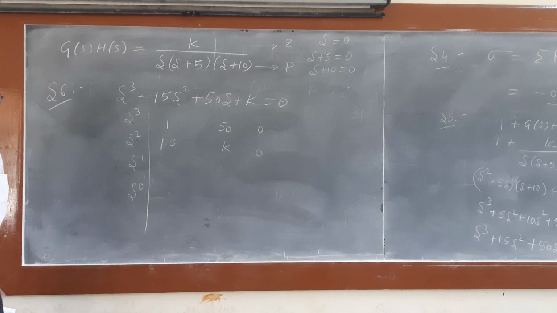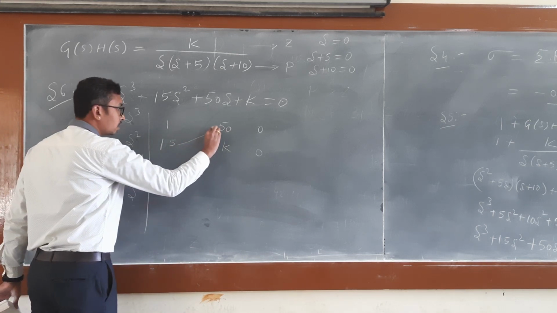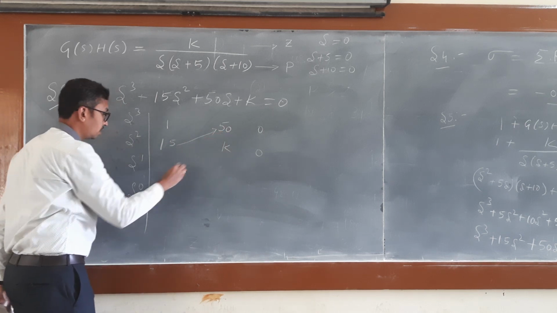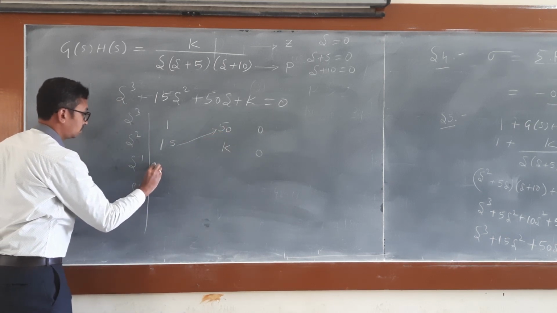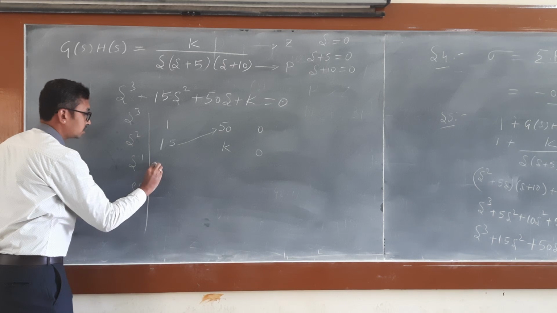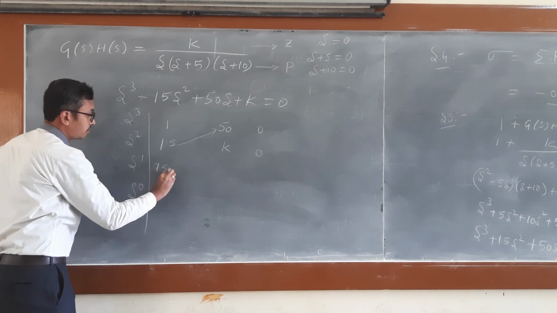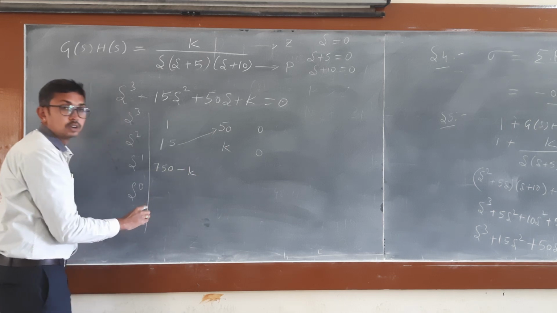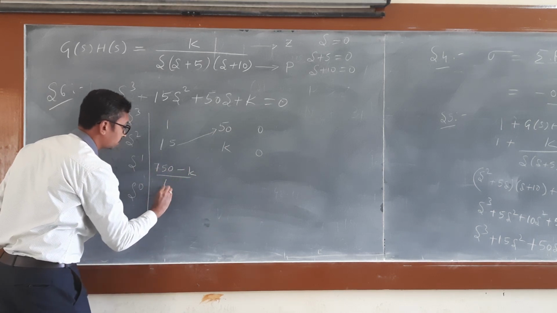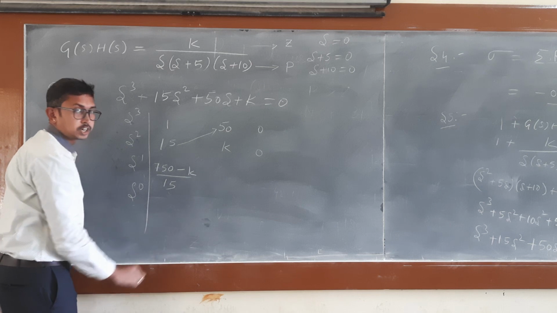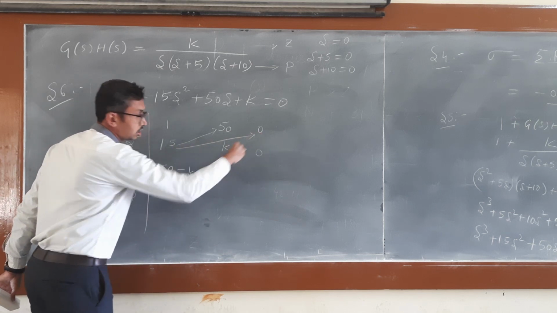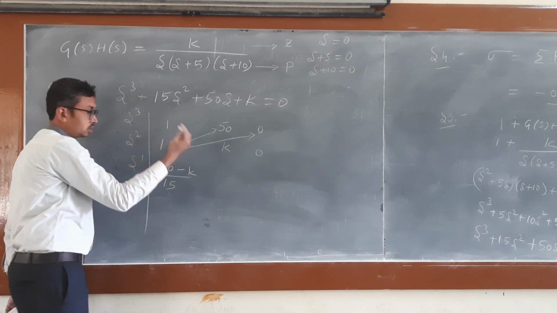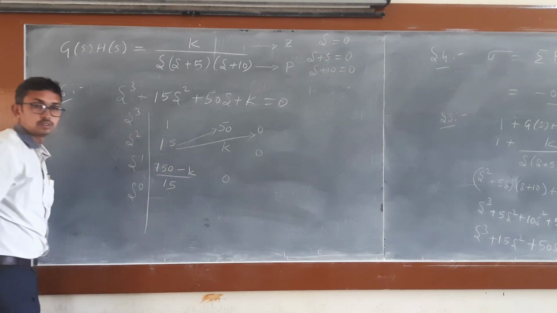Now, how to find out using the RH method? Next row: 15 into 50 is 750, minus k into 1, that is 750 minus k, divided by 15. Next entry: 15 into 0 minus 1 into 0, so this will be equal to 0.